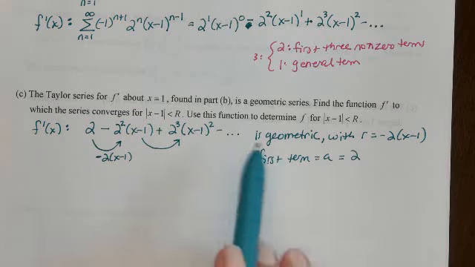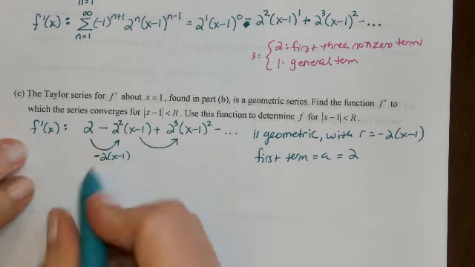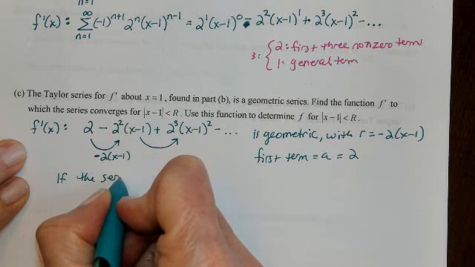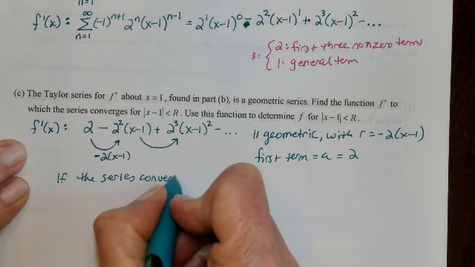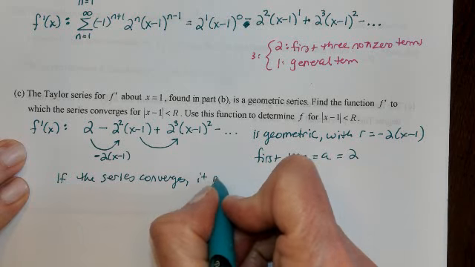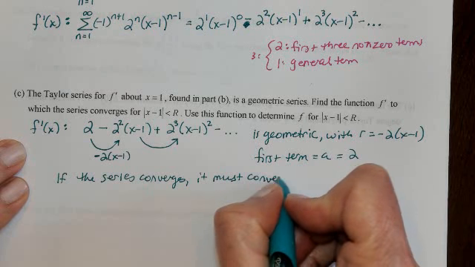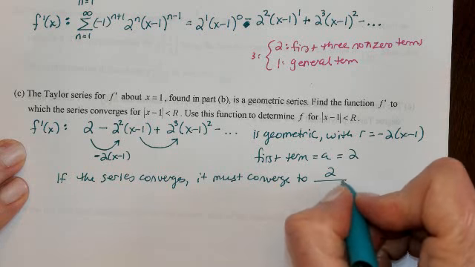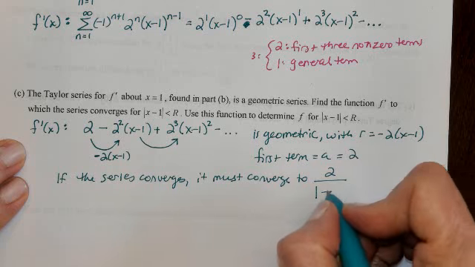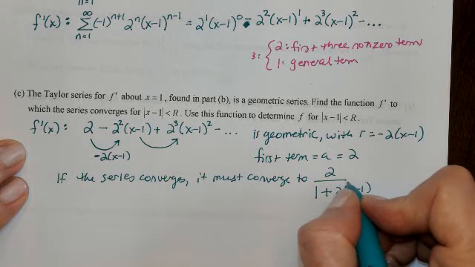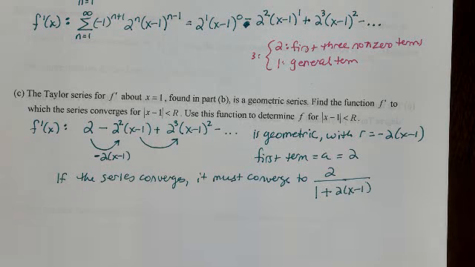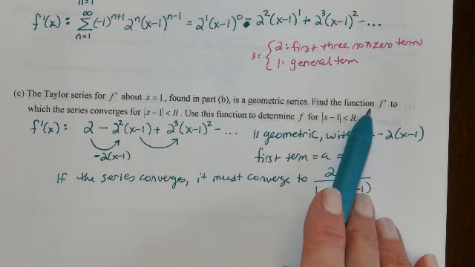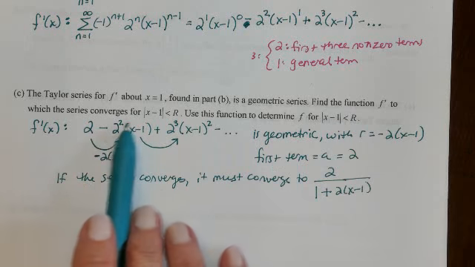So if the series converges, it must converge to a over 1 minus r, right? It must converge to that. Find the function f prime to which the series converges.